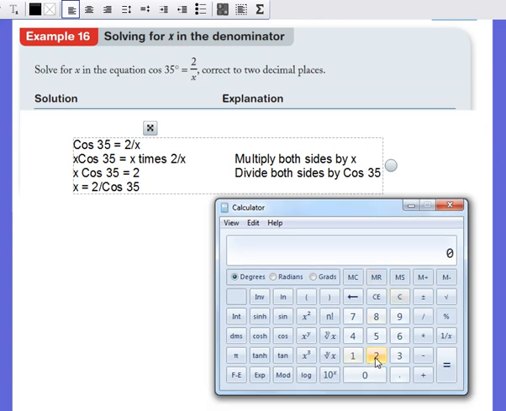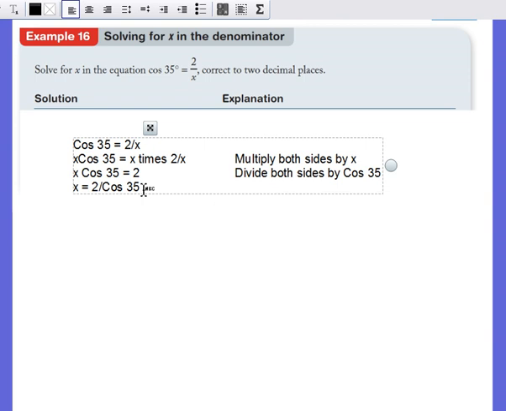So 2 divided by cos 35 is equal to 2.44. And so that tells me what x is. x is equal to 2.44 units.